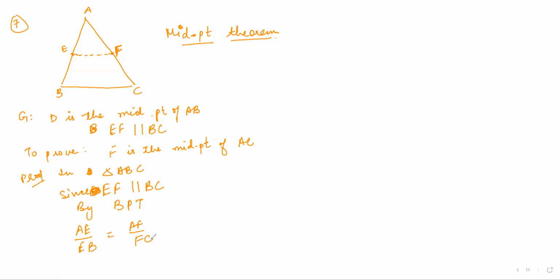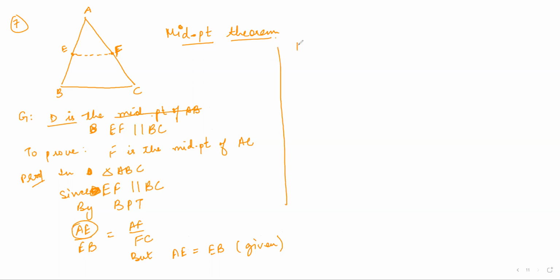Okay. Now, it is given in the question that E is the midpoint of AB, right? So basically, it is given that AE is equal to EB. This is given. Yes. So we will make use of it. So AE we can replace by EB.